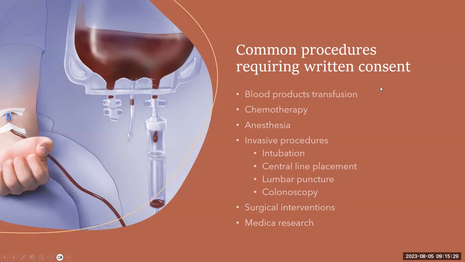So packed red blood cells, plasma transfusions, platelet transfusions, stuff like that. Chemotherapy, any kind of anesthesia, even basic local anesthesia, epidural or general anesthesia, you will need consent. Any kind of invasive procedure, so intubation, central line placement, lumbar puncture, colonoscopy, catheterizations, all of those will require consent.